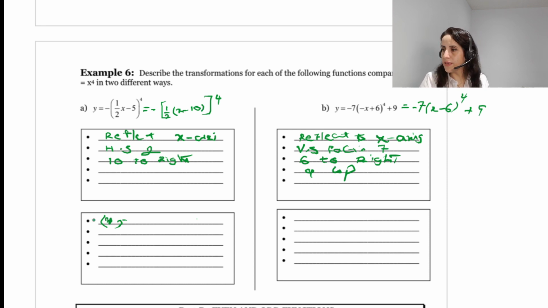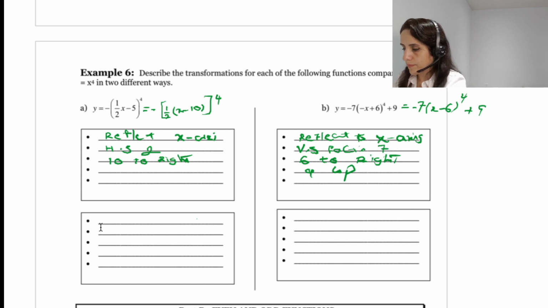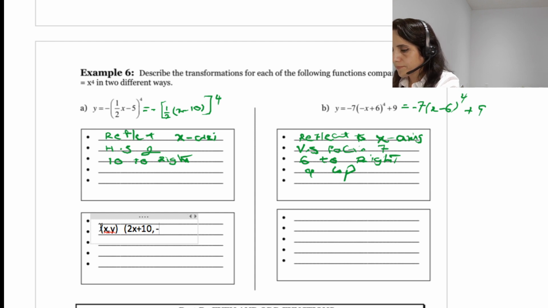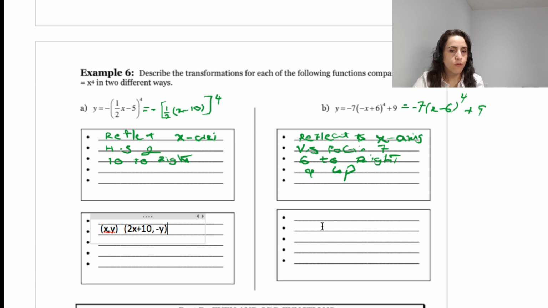Otherwise, I can just tell you what the answer is for this one. x and y is going to be 2x plus 10, comma, and for y, I believe it's just a negative y. That's the equation for the mapping rule for this one.